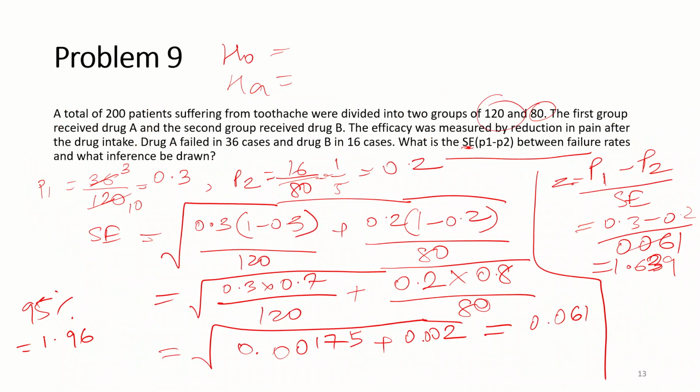I am also not clear here. I will see this, no issue. But in a sense, it is solved like this. For now, I think the final result is that the null hypothesis is accepted.